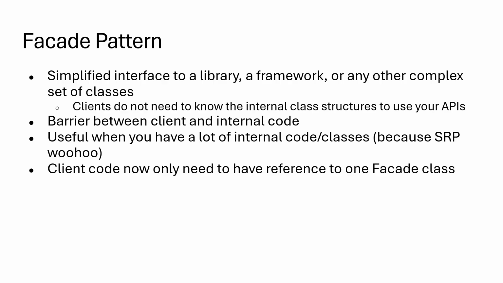I think this is a word from French or something, which is why it's called facade. But the facade pattern basically tells you that you create a simplified interface between the different abstractions that need to communicate with each other.